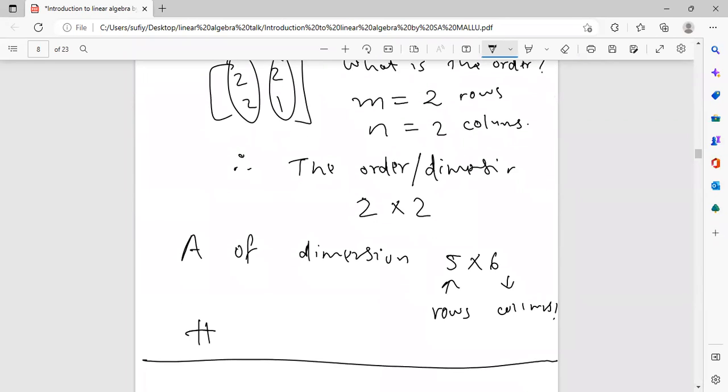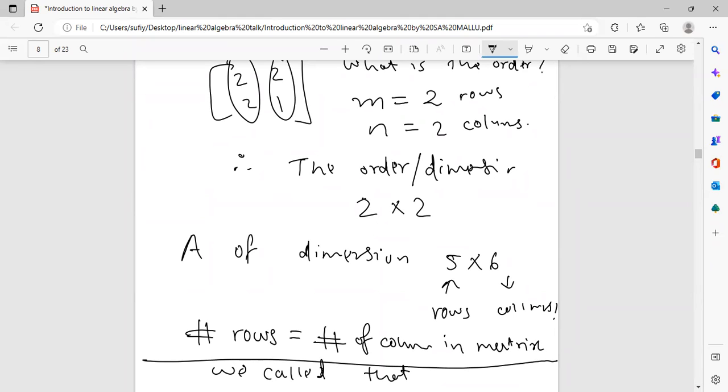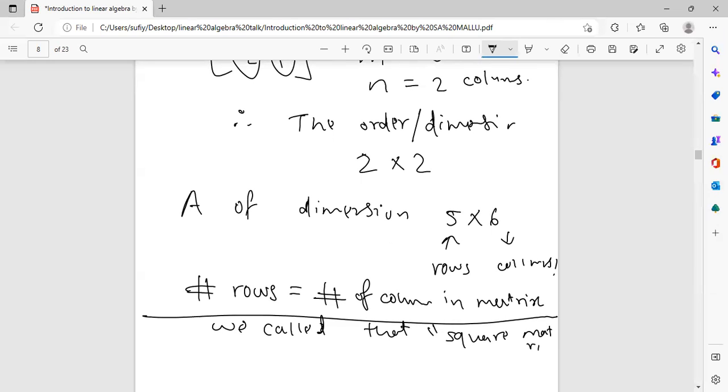Whenever the number of rows equals the number of columns in the matrix, we call that a square matrix.